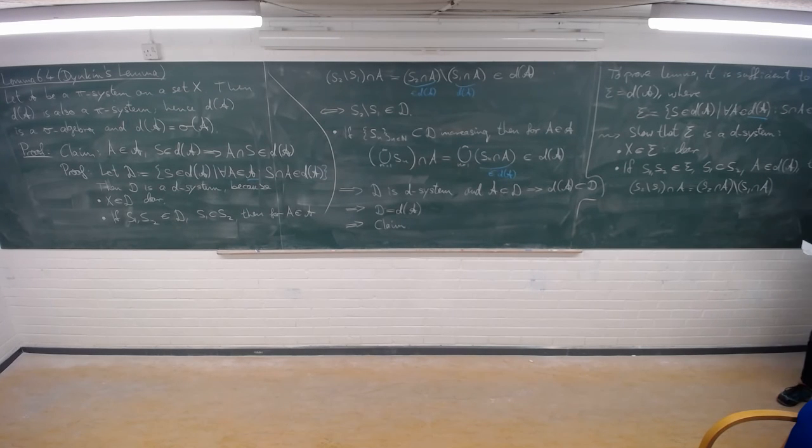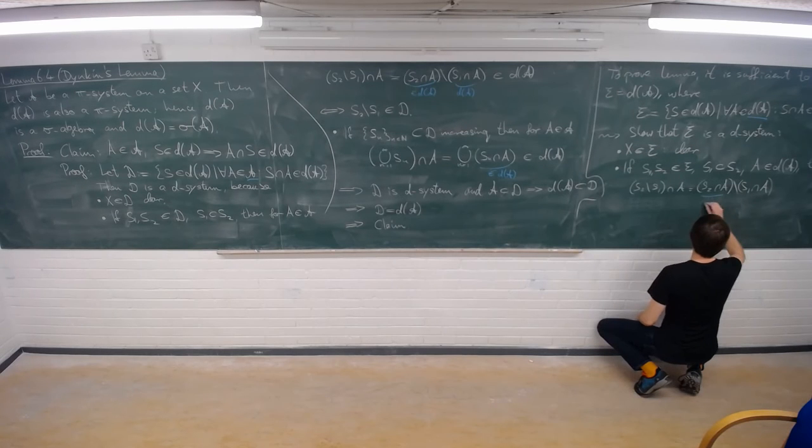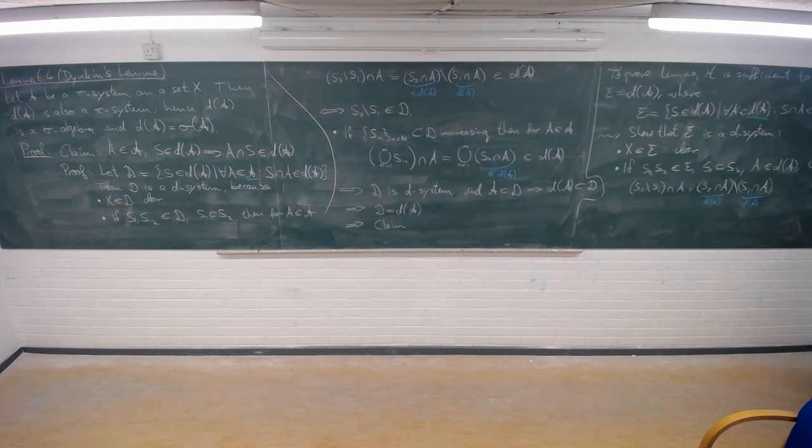And now this first set is in D of A, the second set is in D of A. Why?